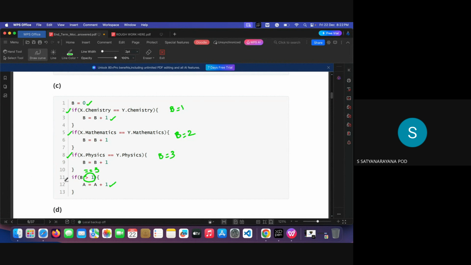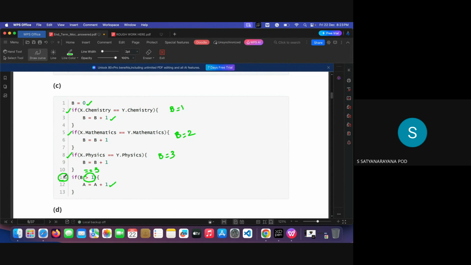So here the problem is at the 11th line. There is an invalid checking of condition. B equal to 3 means B is matching all three subjects. Then you can increment the A value. But if B is greater than 1, they checked, what does it mean? Whenever two subjects are equal also, A is increased. I hope you understand. Is it clear?